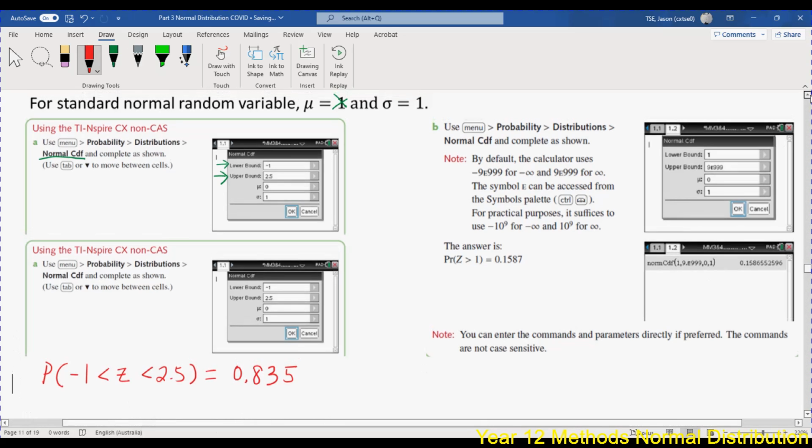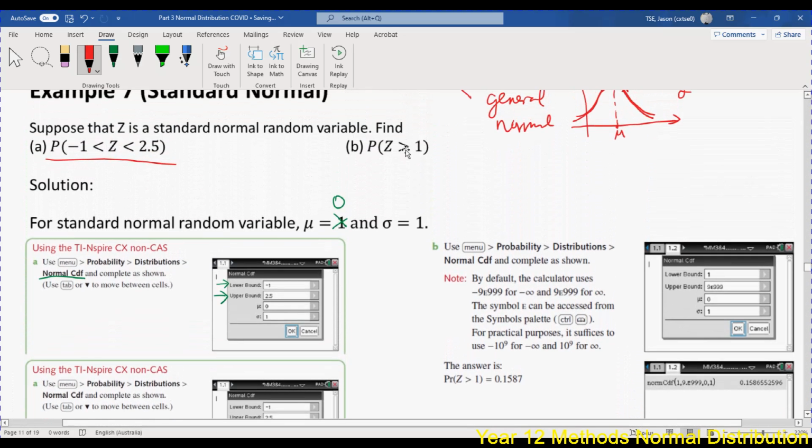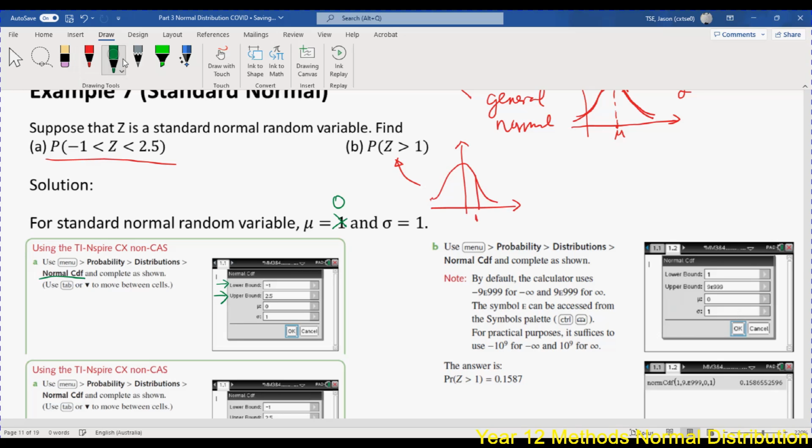Right, so let's look at part B. Part B is z greater than 1. The problem with that one is, if I draw the bell shape of the standard normal and I'm going to find z greater than 1, so 1 is here, what I'm going to find is the area under the curve.